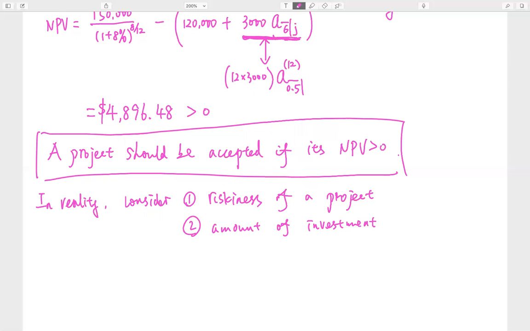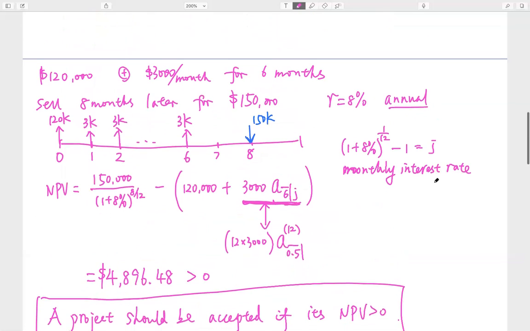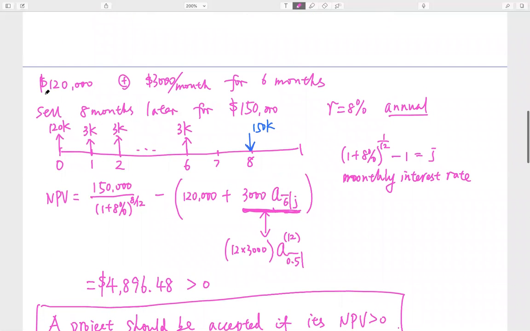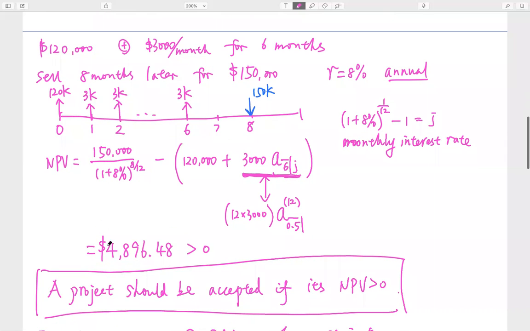In particular, for instance, in this house buying example, you actually need to put down 120K up front, and in the end, you only make this much, right? So it's not a huge deal. It's $5,000 over 8 months, right? It's possible that there are better opportunities, right?